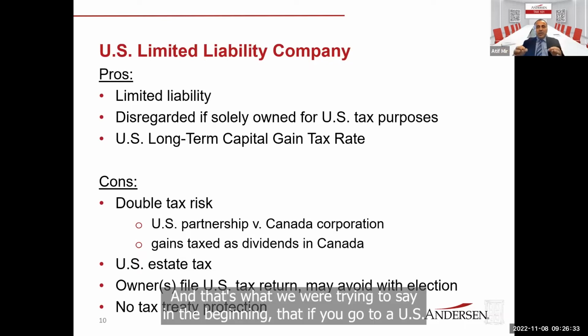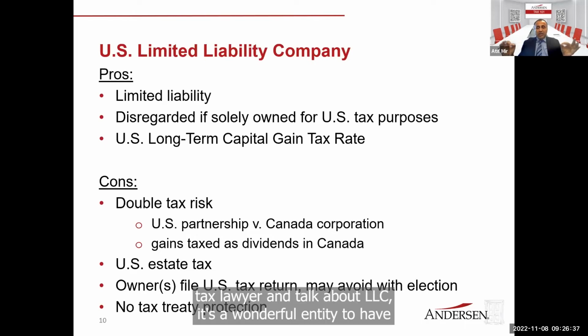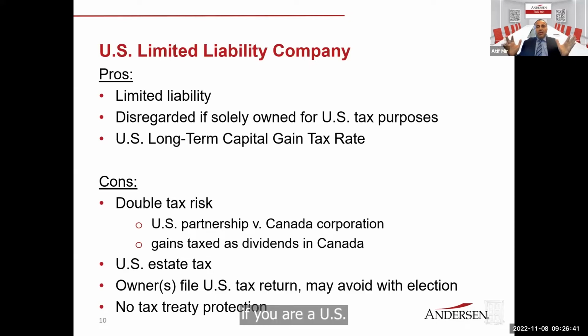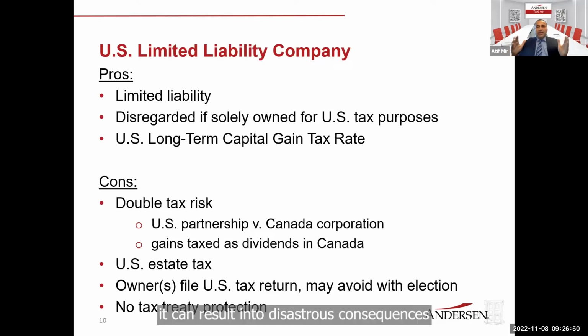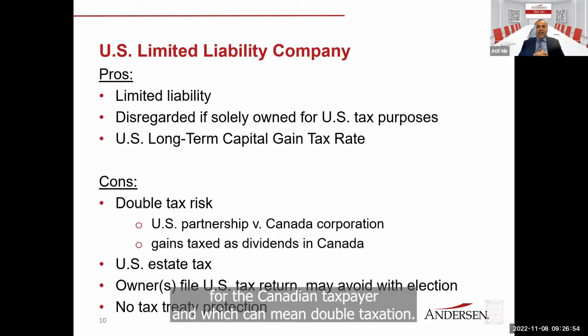And that's what we were trying to say in the beginning: if you go to a US tax lawyer and talk about an LLC, it's a wonderful entity to have if you are a US taxpayer under certain situations. But unless you factor in the Canadian fact pattern, it can result in disastrous consequences for the Canadian taxpayer, which can mean double taxation.